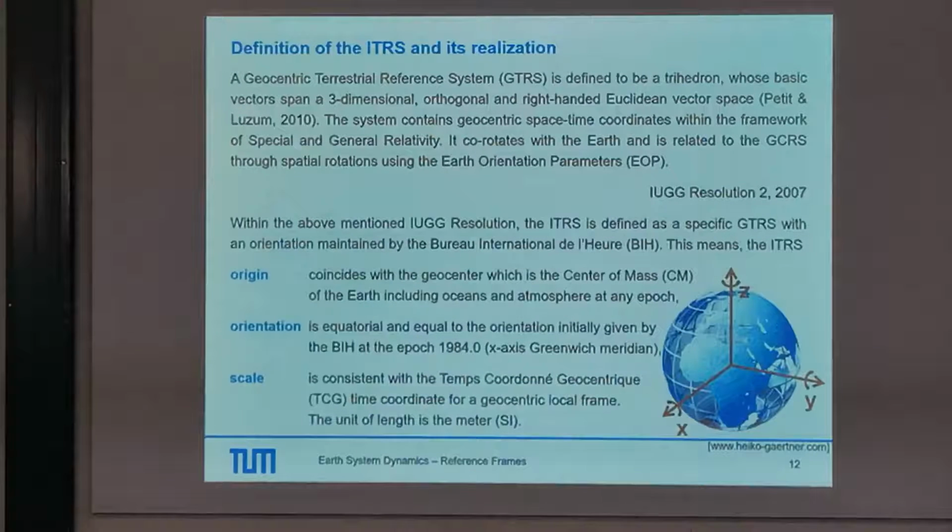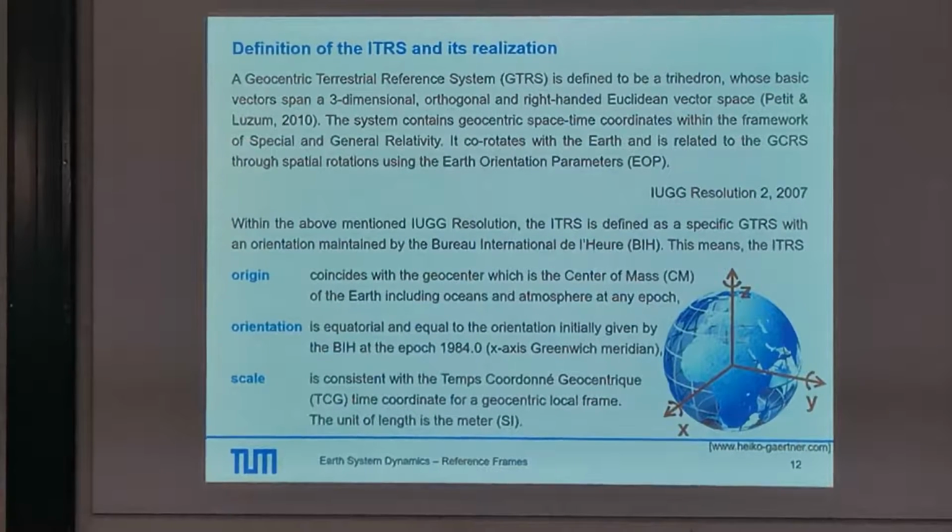This for sure enters into this equation, while this is also a theoretical thing. It cannot be realized perfectly, but in a mean sense, the x-axis should point through the Greenwich meridian, despite all the small effects. But the main effect of the diurnal rotation is not included in the terrestrial part. That means co-rotating.